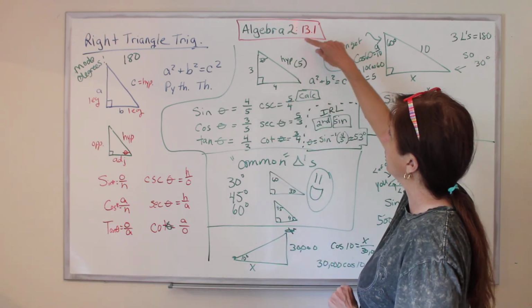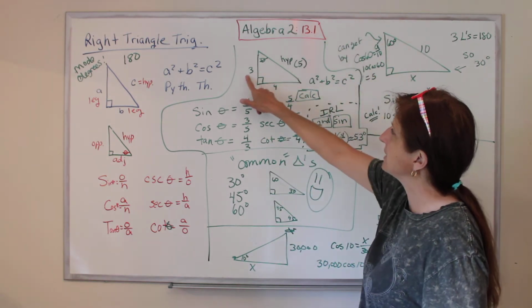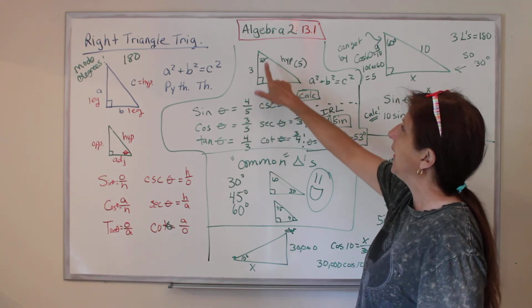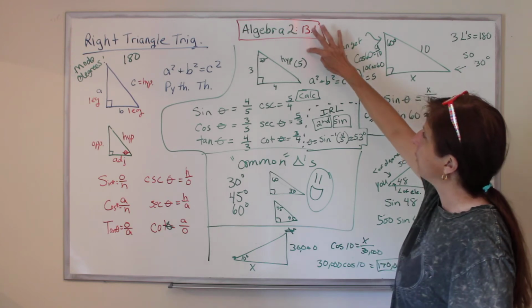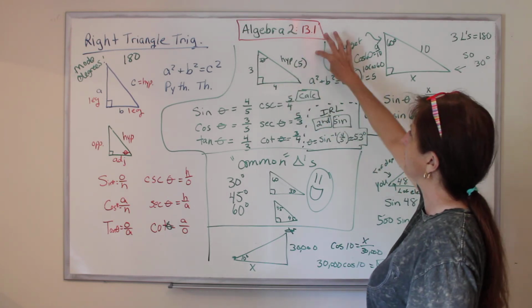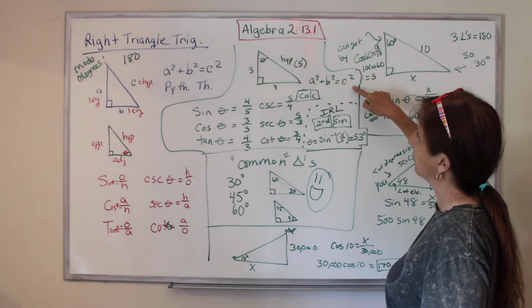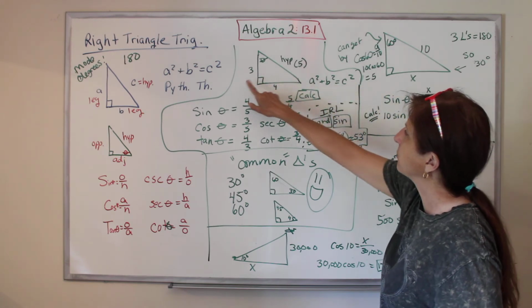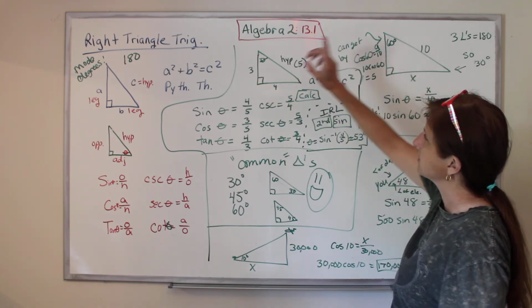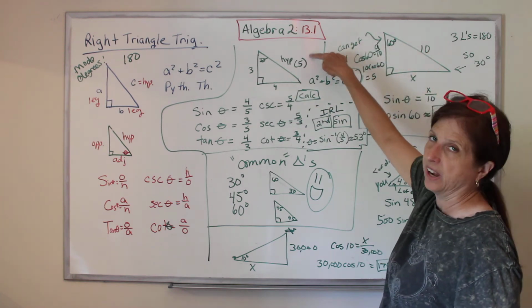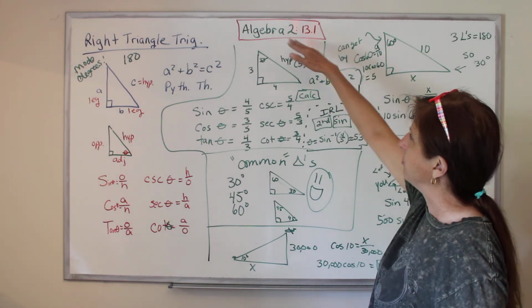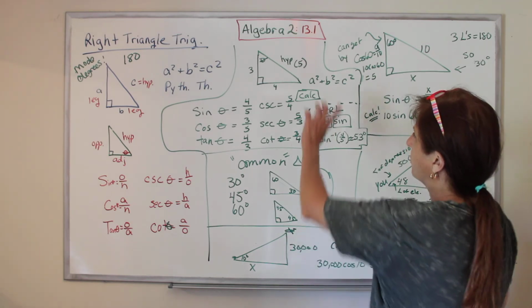I have a triangle, and I am told that one side is 3, one's 4, and I have a theta. I can find my other side. If I have two sides, I can find the other one by the Pythagorean Theorem. 3 squared plus 4 squared is 9 plus 16, which is 25, square root it, and it's 5. So just using the Pythagorean Theorem, I can figure out what the three sides are.